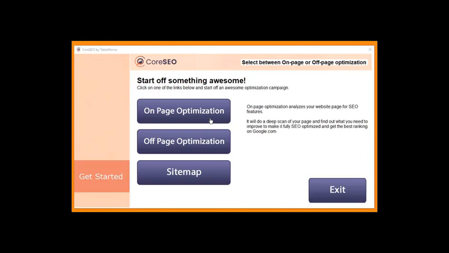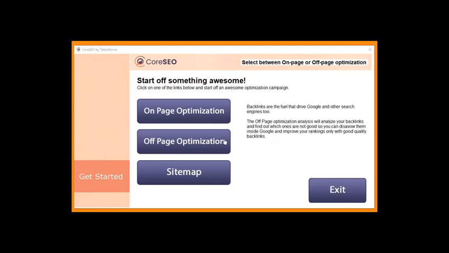What CoreSEO will do in this module is it will go to your website, go to any URL, any web page that you give it. It's going to analyze it on parameters that we have carefully crafted. Things that Google wants you to do, things that are important to be ranked, and it's going to tell you where exactly your page stands on those parameters, and it will advise a course of action that you can take to make it more SEO optimized so that you rank better.